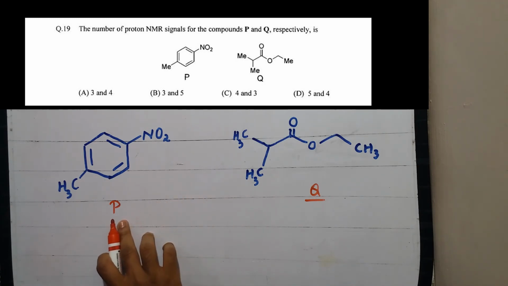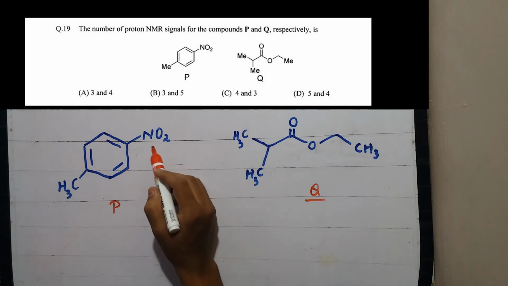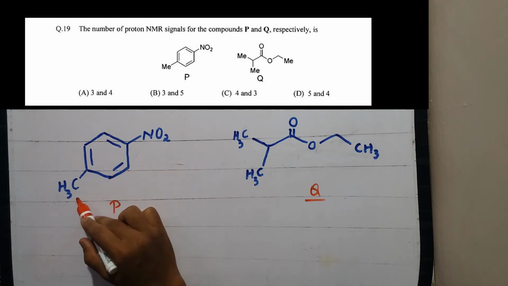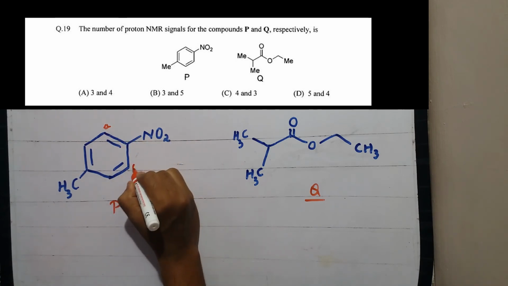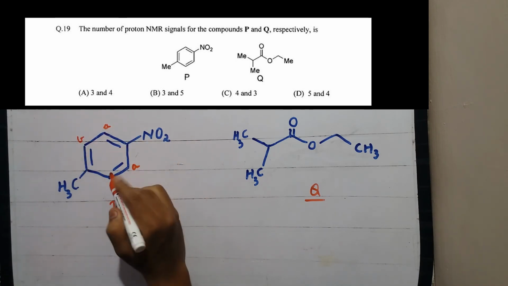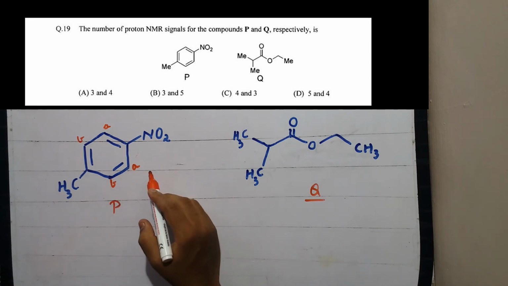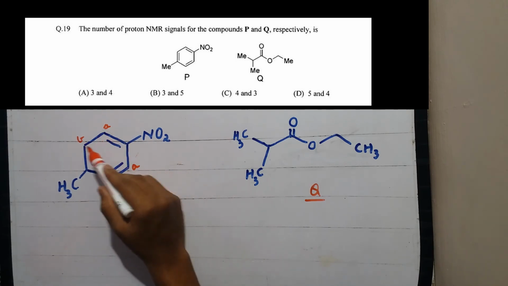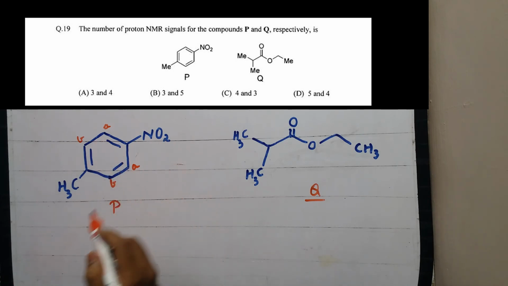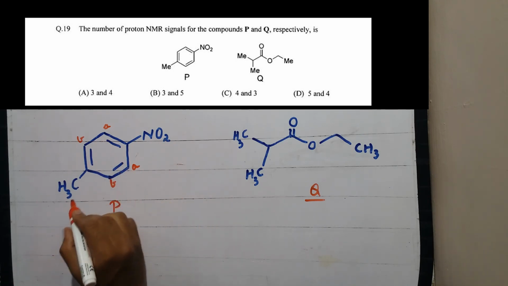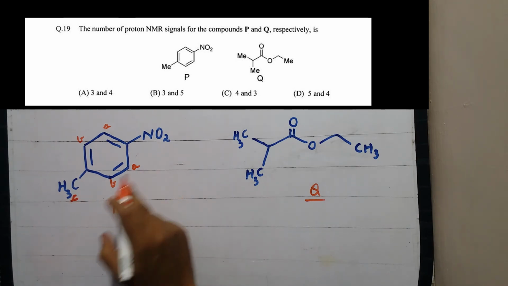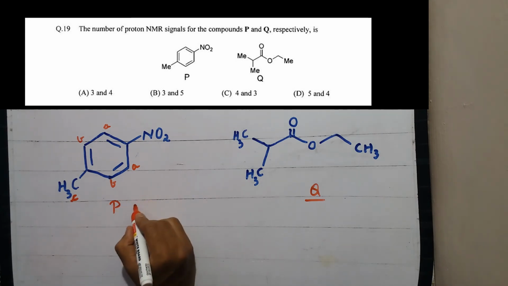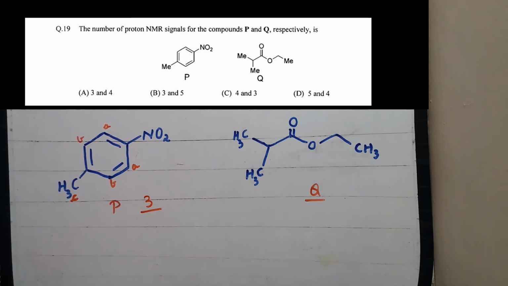In compound P, the nitro and the methyl are in the para position, hence these two protons, let me consider as A and B, are in the same environment, so these 4 protons give 2 peaks, and the CH3 is in a different environment, let me say it as C. So there are 3 different protons present, hence it gives 3 peaks. Hence compound P gives 3 peaks.